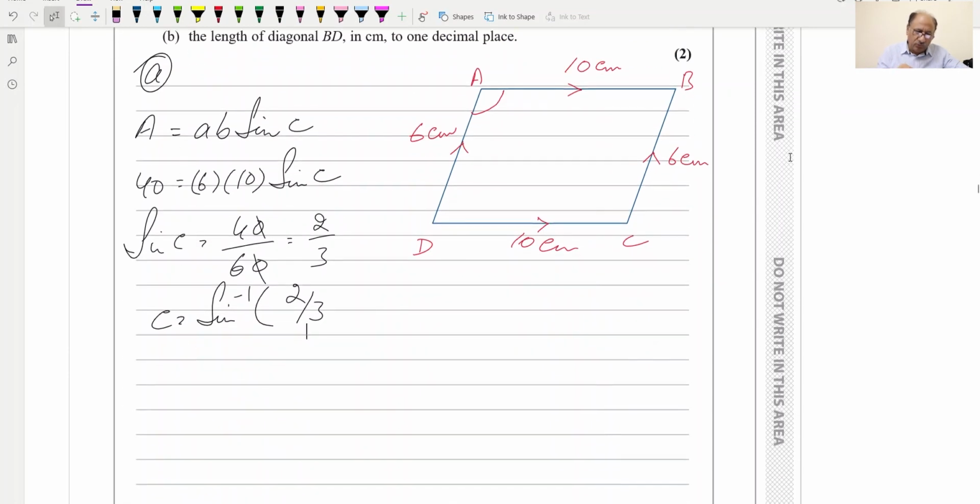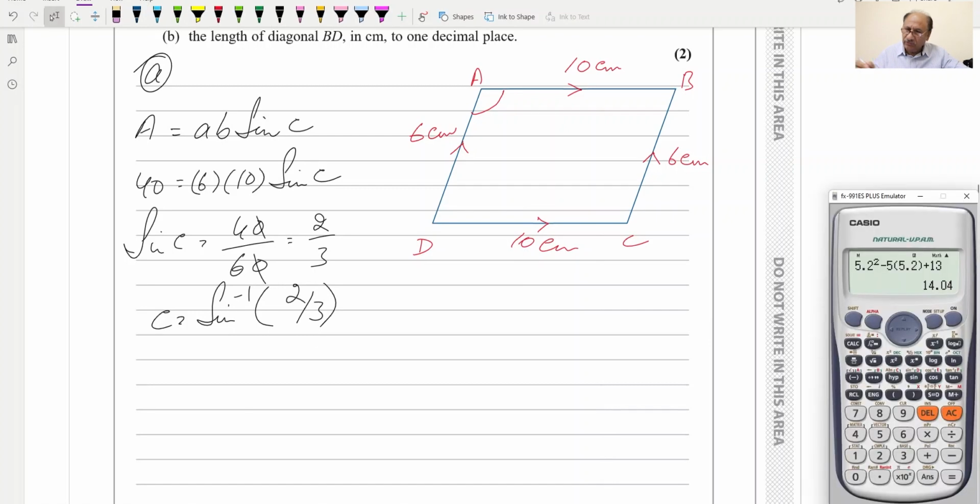If we check with the calculator, this will be shift sine of 2 over 3. Your calculator should be in degree mode, so change the mode to degree, and then calculate.